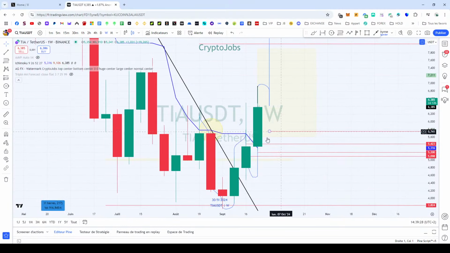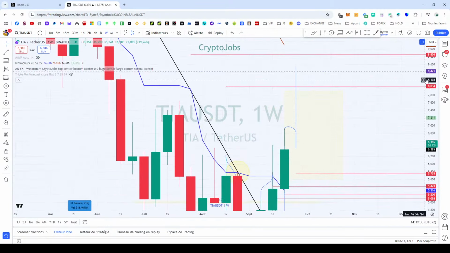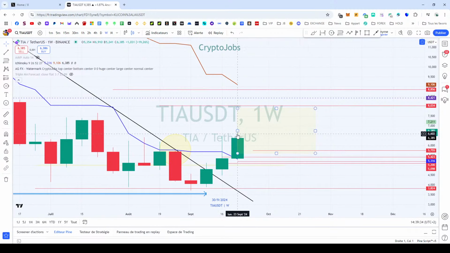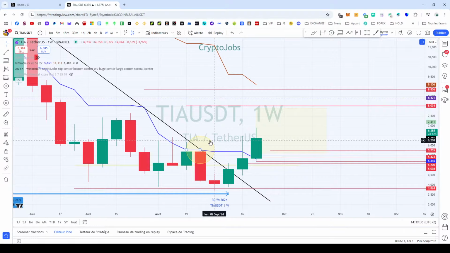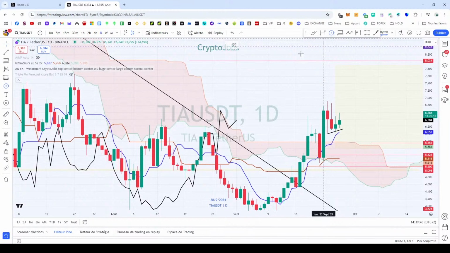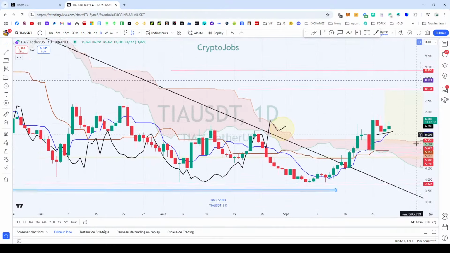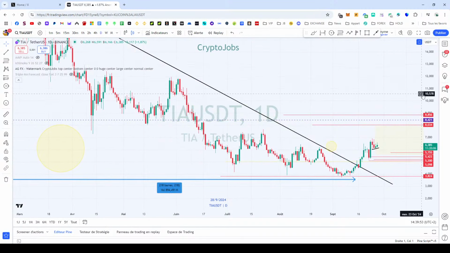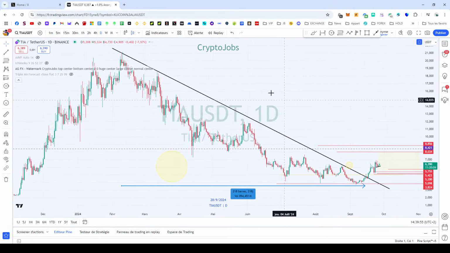You also have the Tenkan flat breakout here on the weekly, so it means that the reversal potential can be even higher than this current pump, so the price could move higher. We have a beautiful bullish breakout on the daily by the lagging span, so it has been confirmed. I'm confident to say TIA will move more, because look at this downtrend.